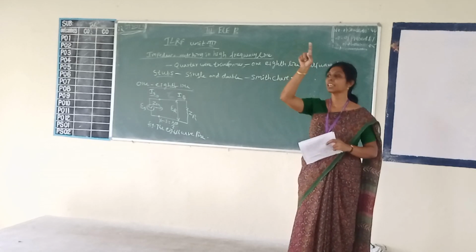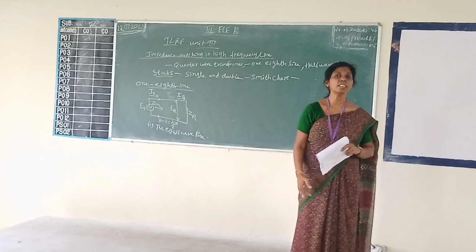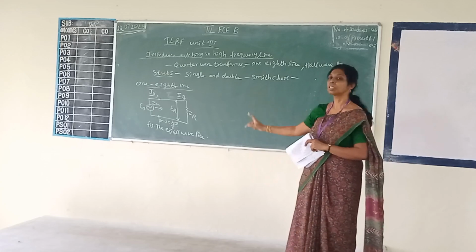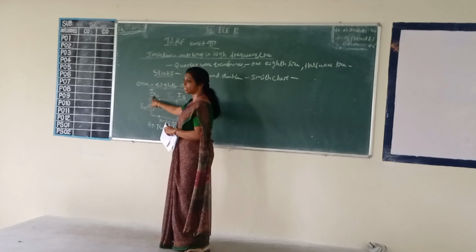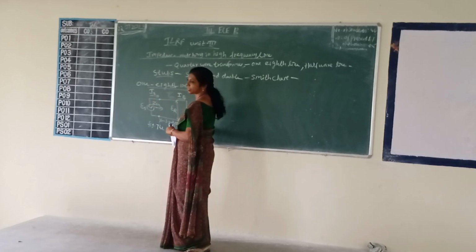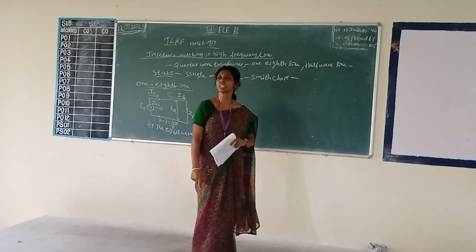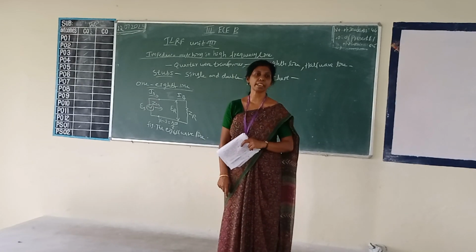The first diagram which we drew in the general solution of the transmission line, the same diagram we are drawing in the second unit and third unit also. So here are the input voltage, input current, sending end current, receiving end current, load impedance and receiving end voltage. So this is the distance S equal to lambda by 8.